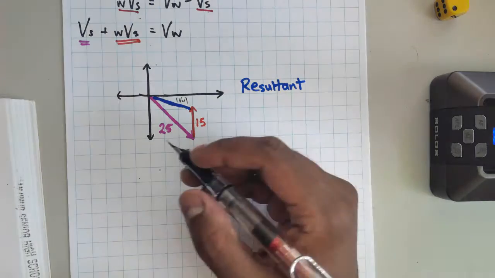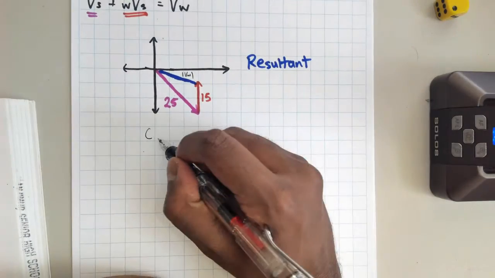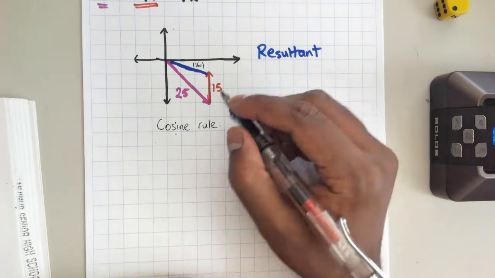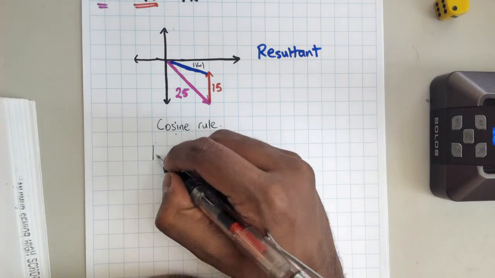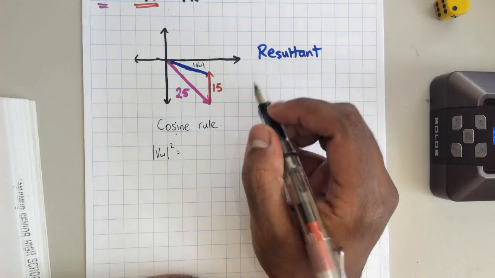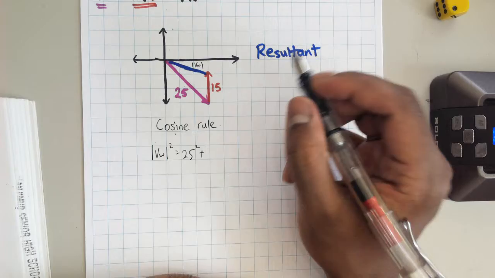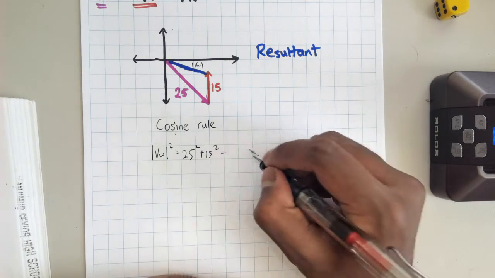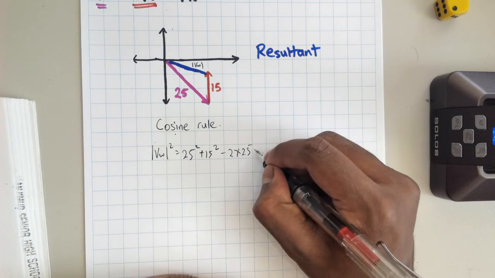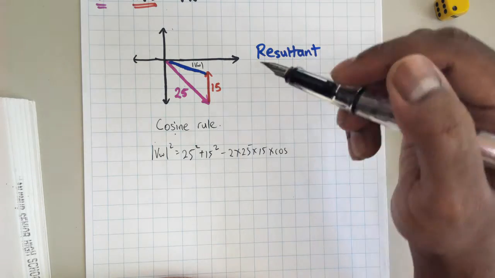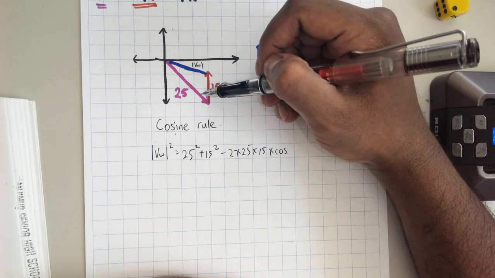So we have the cosine rule here. Alright, so the velocity of the wind squared is going to equal 25 squared plus 15 squared, take 2 times 25 times 15 times cosine. Well, what angle is this? Hold on a second.